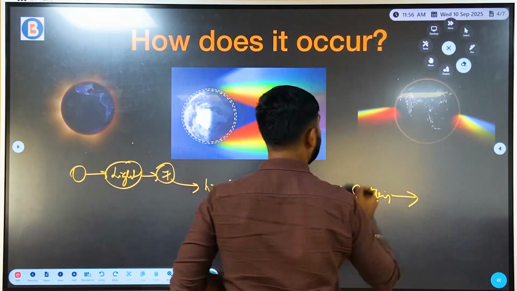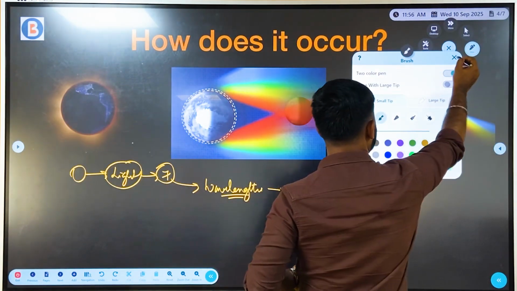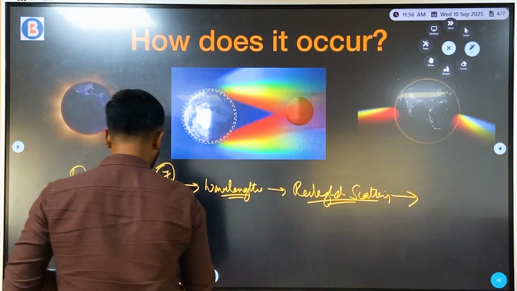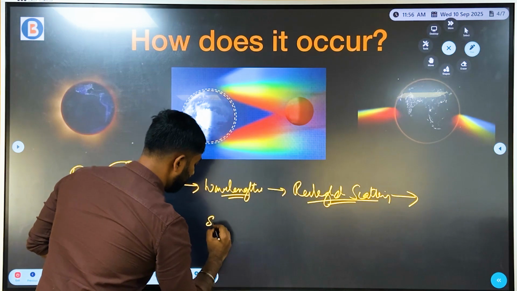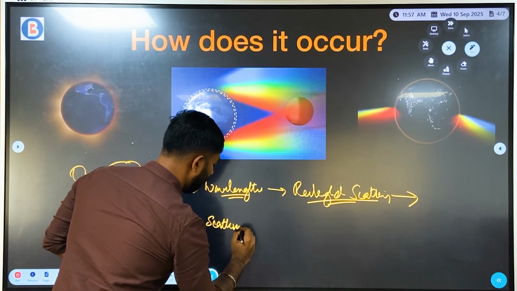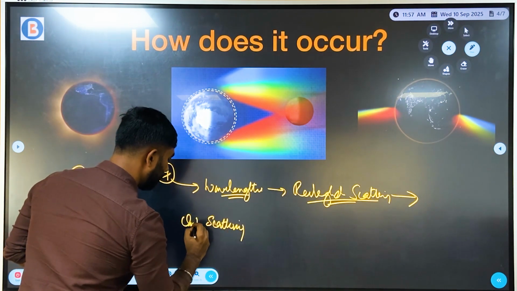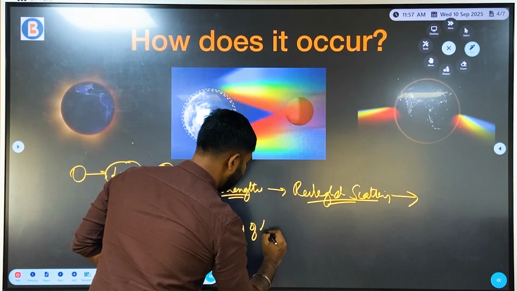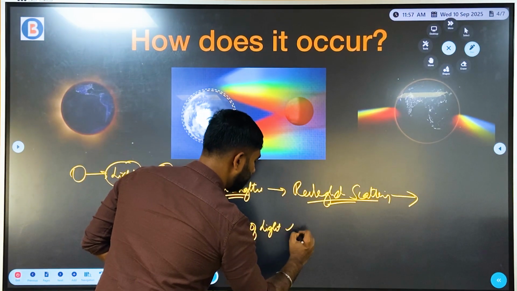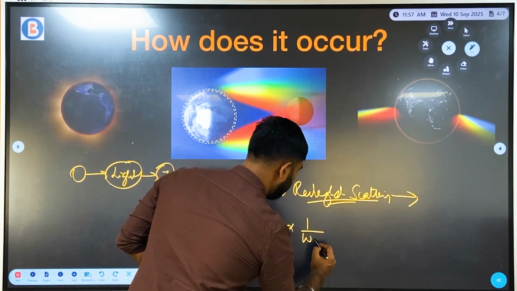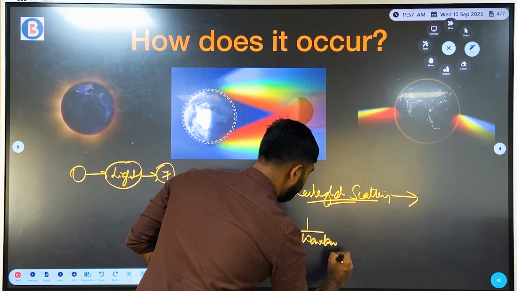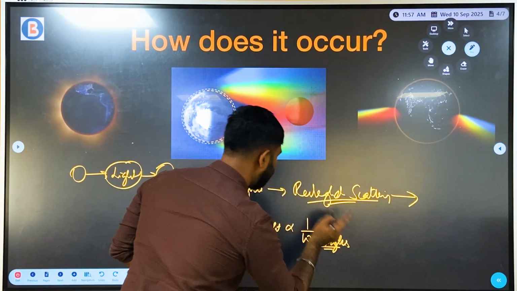Let's write it here, because this is a very important concept to keep in mind. So it says the intensity of scattering of light is inversely proportional to the wavelength of that particular light.